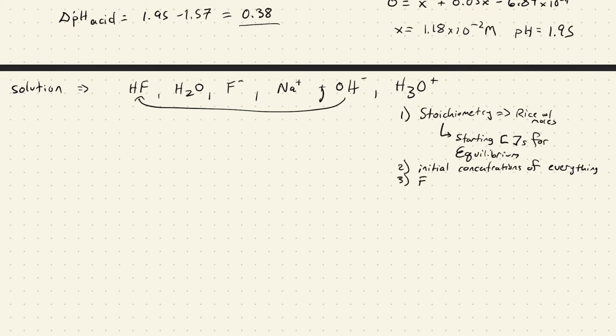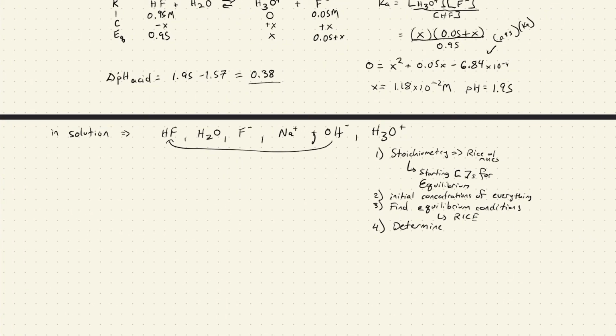We'll find equilibrium conditions, and we're going to do that using a RICE table. And then we'll determine pH. So it's exactly like we did before. This is just kind of the setup that we're going to use.